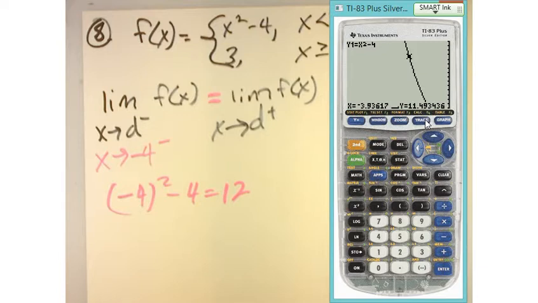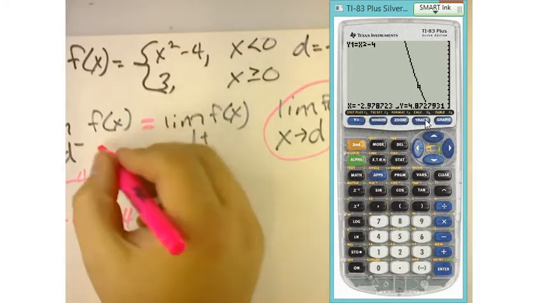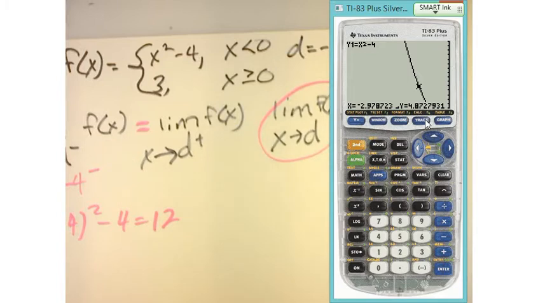Now I'm going to go from the right-hand side. So this is 12, right? If I come from the right-hand side, what does it look like? Look at the x value: as the x value gets closer to negative 4, as we move from right to left, my y value increases and approaches 12.